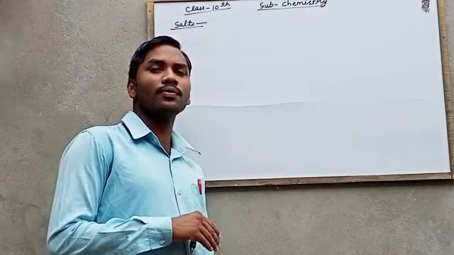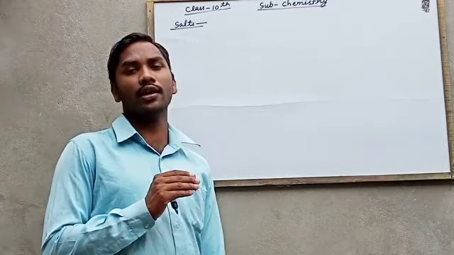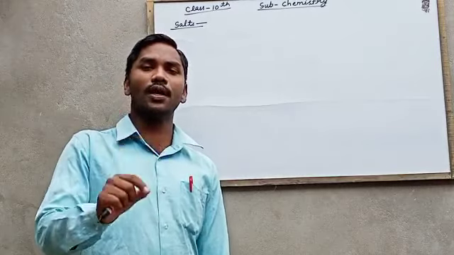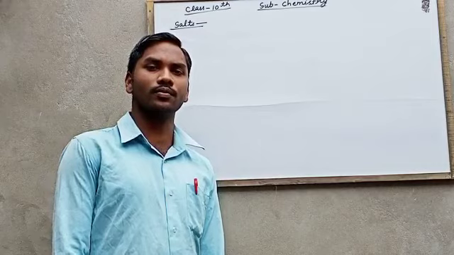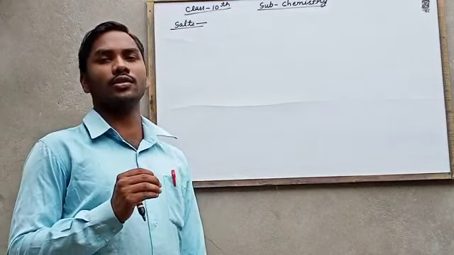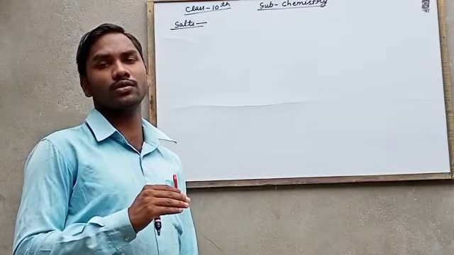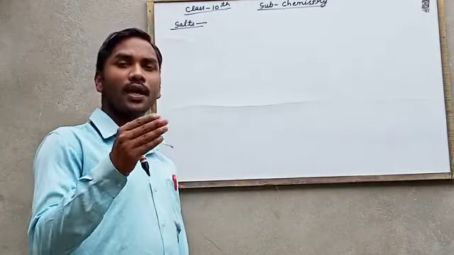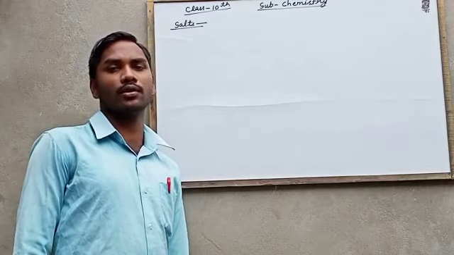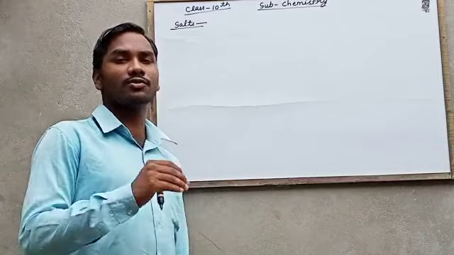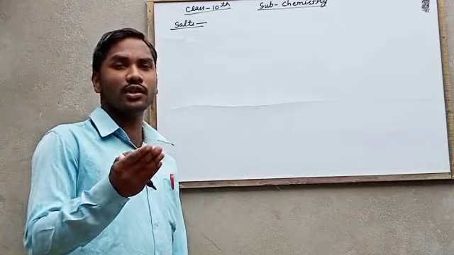The salts of strong acid and strong bases are neutral and having pH value of 7. The salts of strong acid and weak base are acidic in nature and they have the pH value less than 7 because acid is strong and base is weak, so they are acidic in nature.